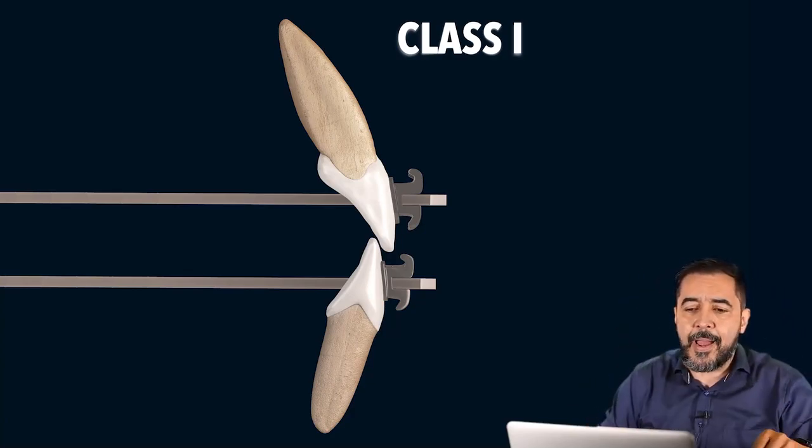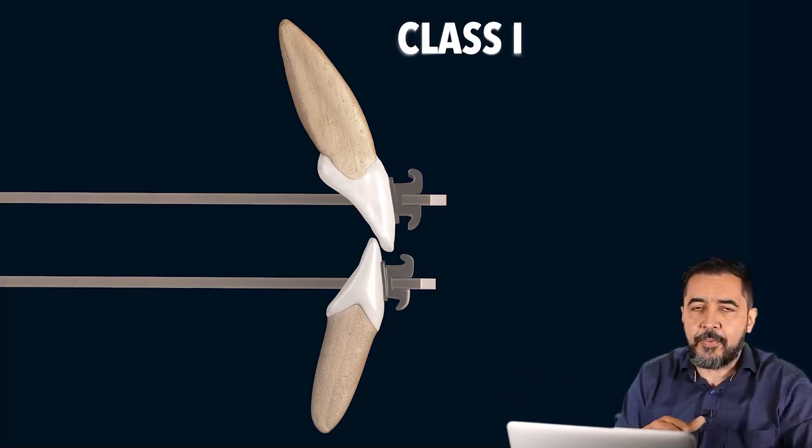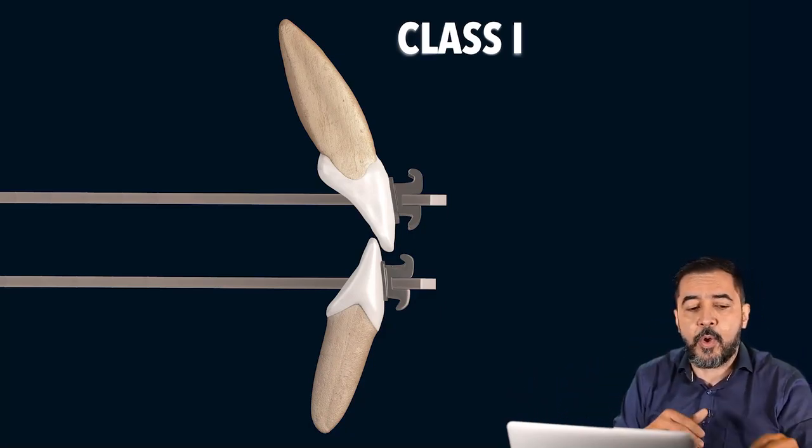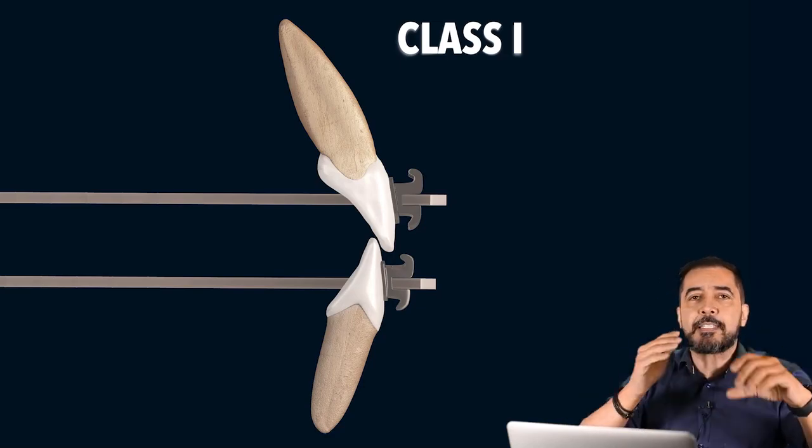Sometimes we don't apply a couple, even though we don't have the same inclination, because we have play inside the slot.